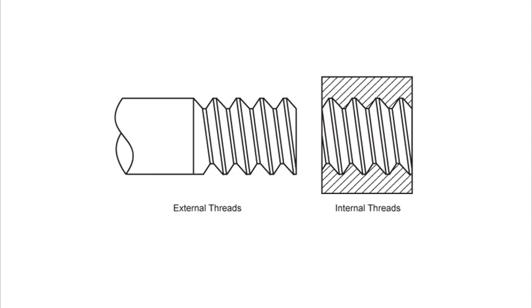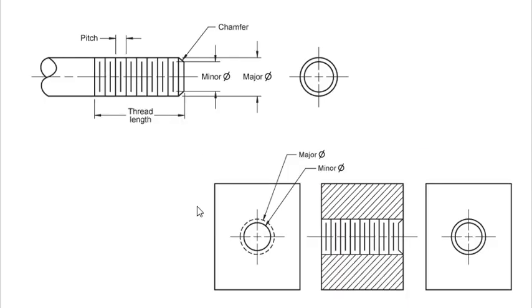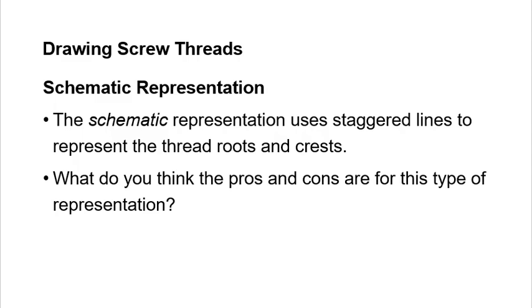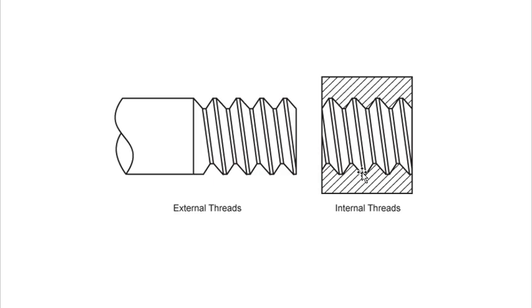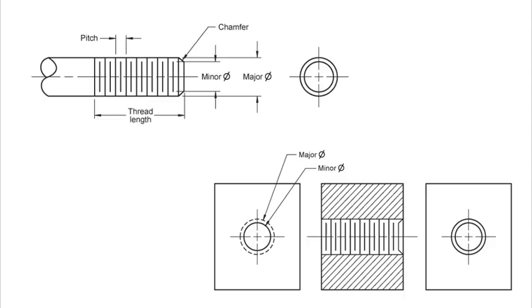And this one is detailed, it looks very much like the actual thing. And here schematic is different because we're drawing with the staggered lines. Where are the staggered lines? See that? So these are all the staggered lines. Different from the detailed drawing. See? Very different way of drawing the internal and external threads, for the same screw right here.